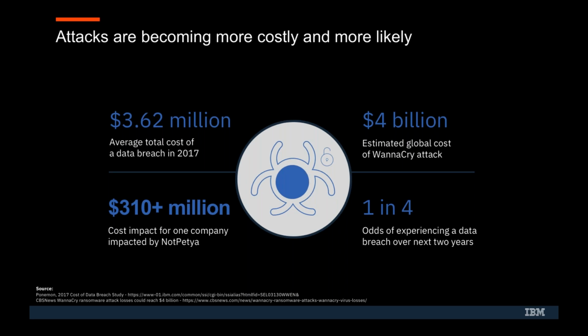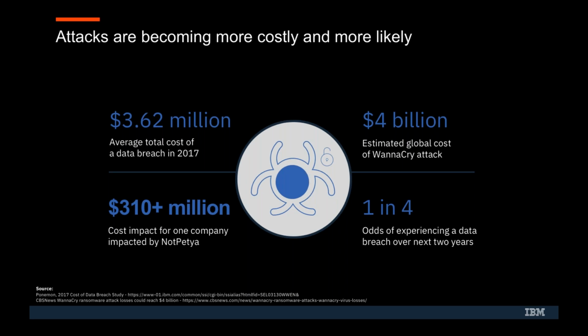The odds of experiencing a data breach over the next 2 years are estimated to be about 1 in 4. So 1 out of 4 organizations who are operating in the modern world are likely to face a data breach of some kind over the next 2 years. That's a pretty amazing statistic when you think about it.